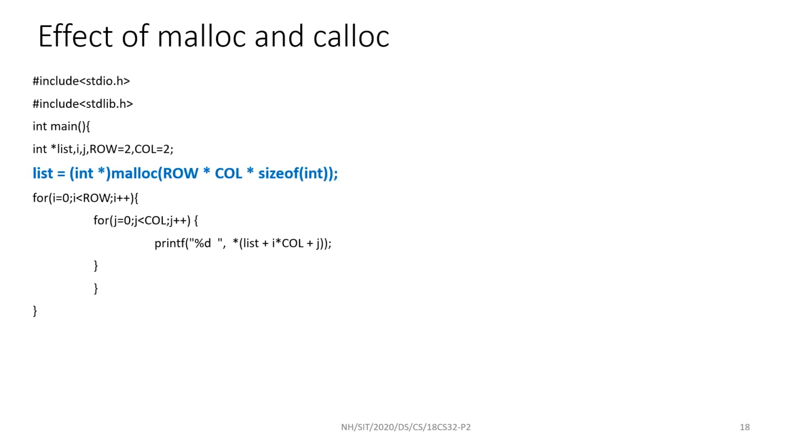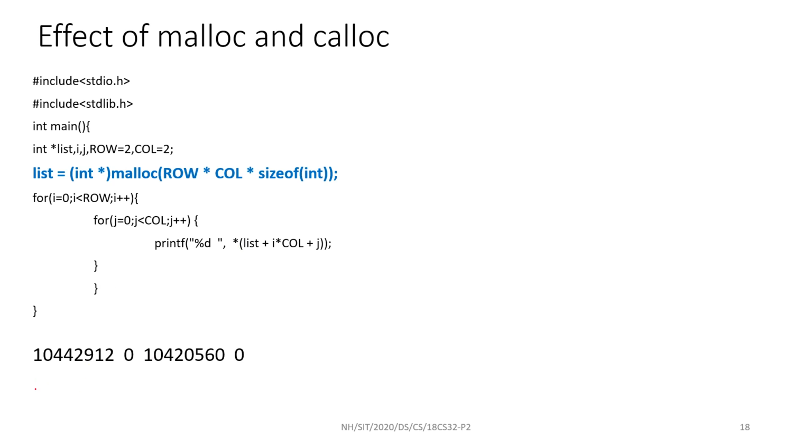The first is malloc. 2 into 4 into 2, 2 into 2, 4 into 4, 16 bytes are reserved. Once you read the data now, these are the values. Why these values? I'm reading the data from these locations, and I don't know, it can be anything.